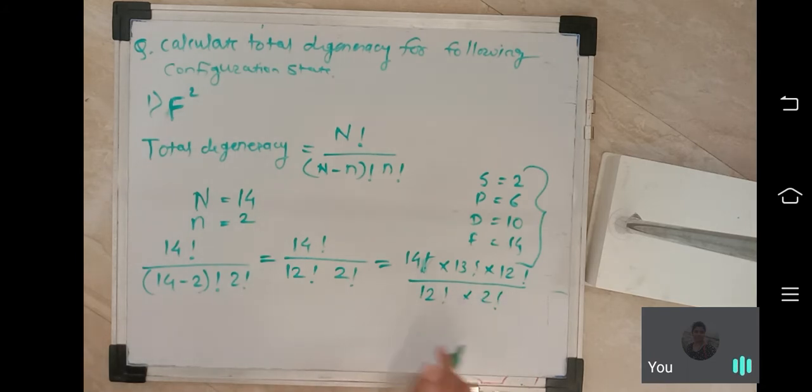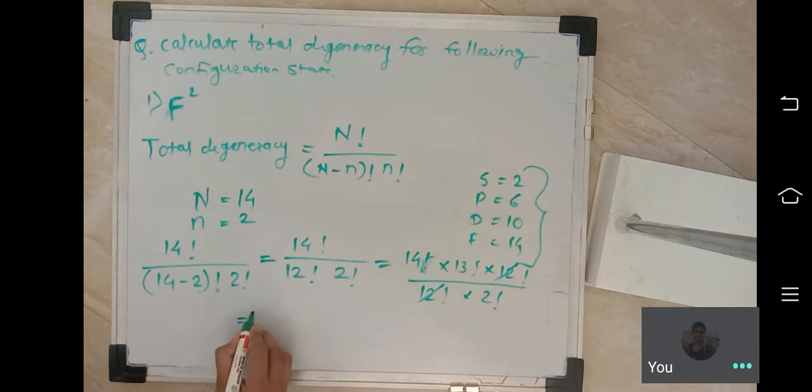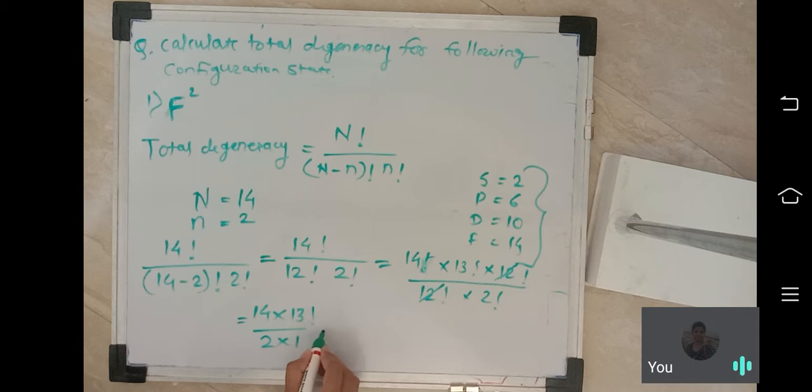The 12 factorial cancels. What remains is 14 multiplied by 13 divided by 2 factorial, that means 2 into 1. After calculation you get the answer 91.